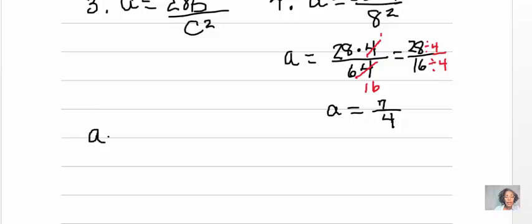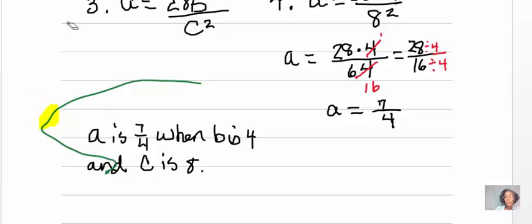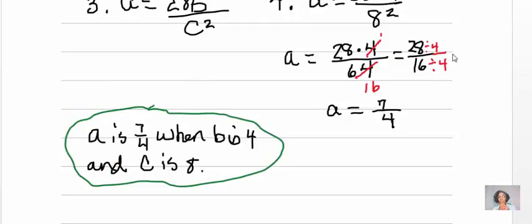So A is 7 over 4 when B is 4 and C is 8. Okay, so that's our result for that particular problem.